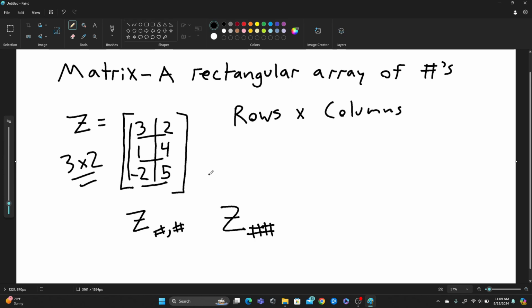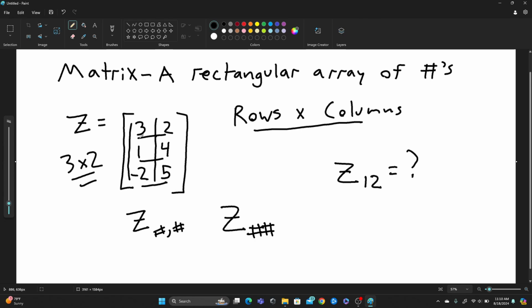So for example, if we were asked to find Z12, what does Z12 equal? So because we're always reading rows and then columns, we're going to start with the rows. So we're going to go row 1.